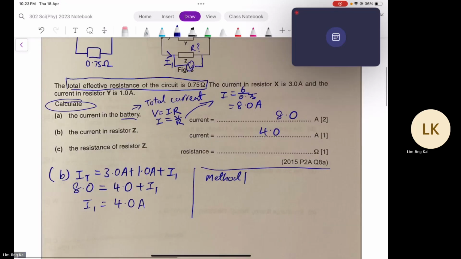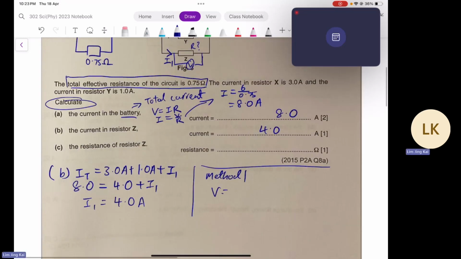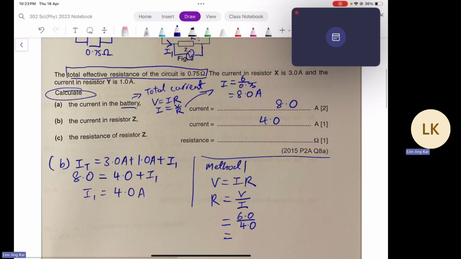Having known this information, V equals IR, I want to find my resistance, V over I, which equals 6 volts divided by the current, which was found in the previous part to be 4.0. So I will get 3 over 2, which is 1.5 ohms.